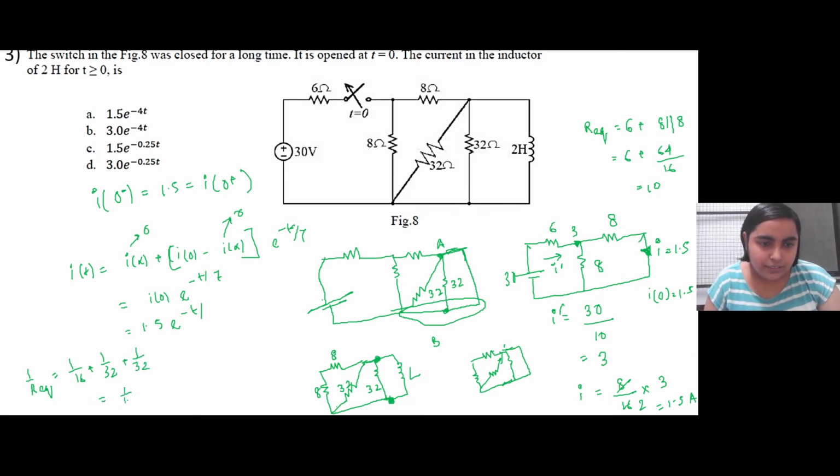If you just calculate this, 1 plus half, so 2 by 16, that is 1 by 8. So R equivalent is equal to 8. And tau is equal to L by R equivalent, right? L is 2 henry and R equivalent is 8, so it is 1 by 4.